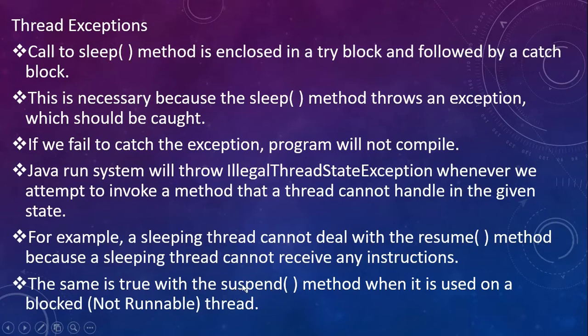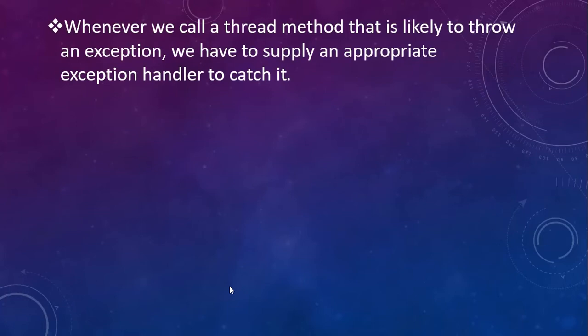As a result, whenever you use the suspend method, like I have done for the sleep method, you will have to put it under a try block, and an exception handling mechanism is required. Now, whenever we call a thread method that is likely to throw an exception, we have to supply an appropriate exception handler to catch it.